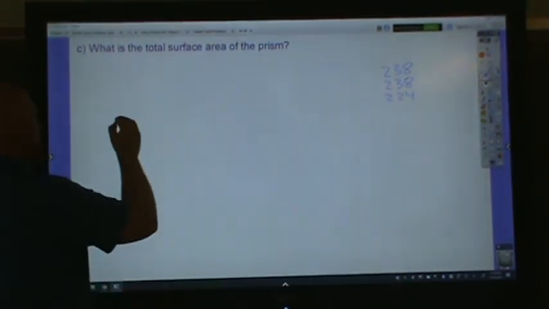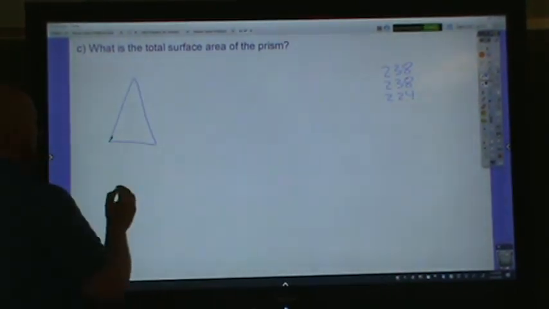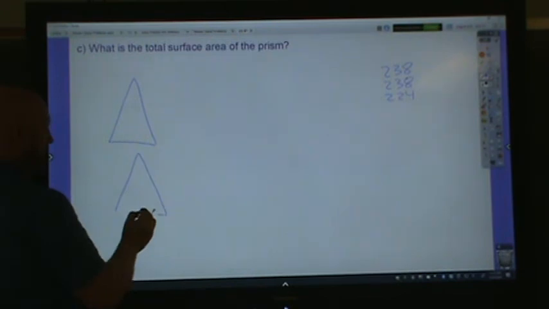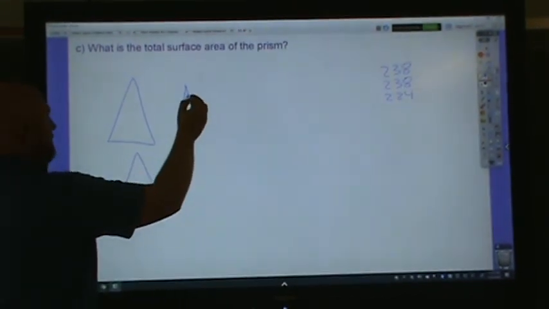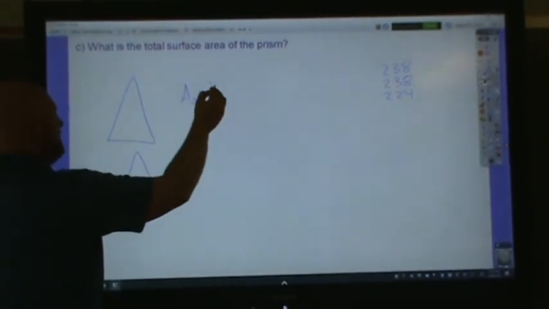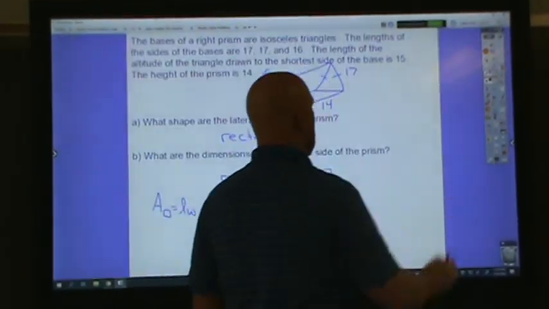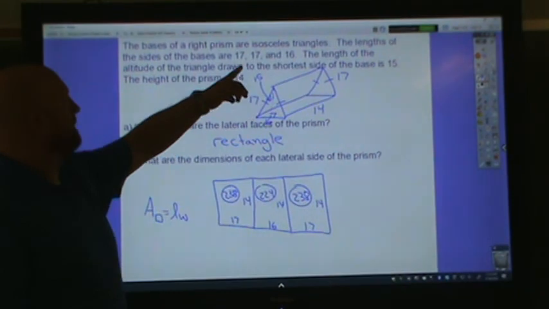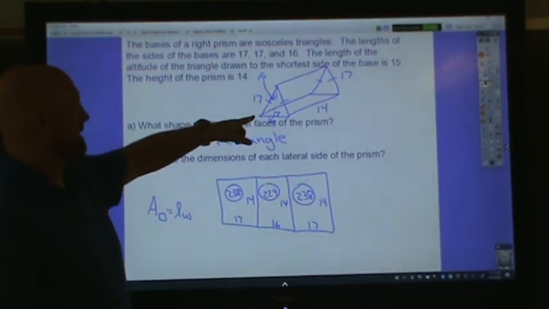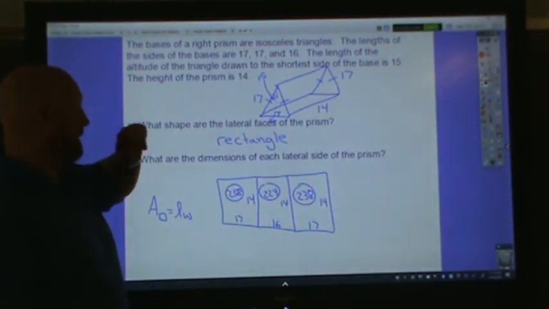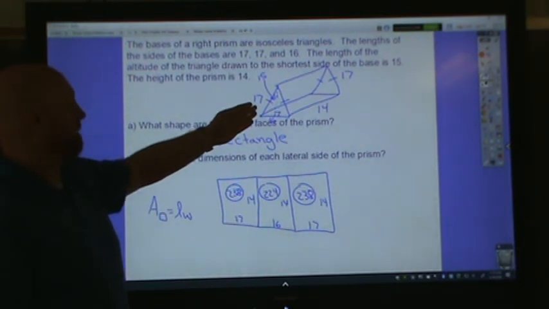The bases were those triangles. And whenever we find the area of a triangle, the base and height have to be perpendicular, so we need dimensions that are perpendicular. So if I look at my picture back here, that's why they told me the altitude was 15, because the 17 wasn't going to be that helpful to me, unless I used the Pythagorean theorem.